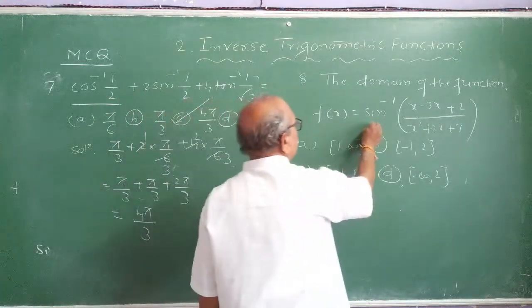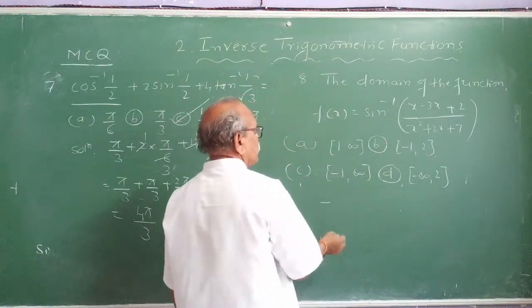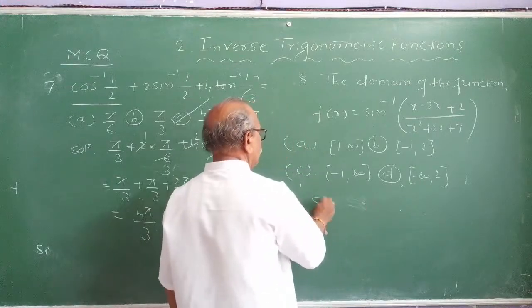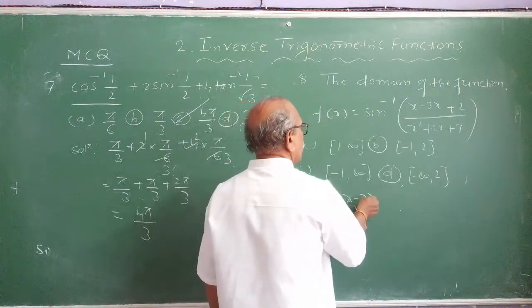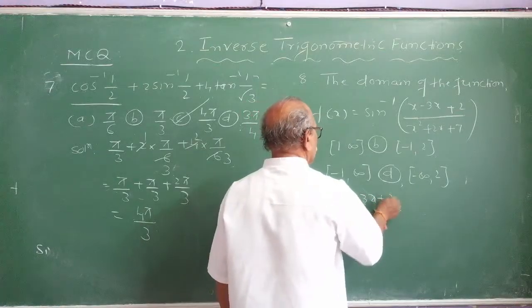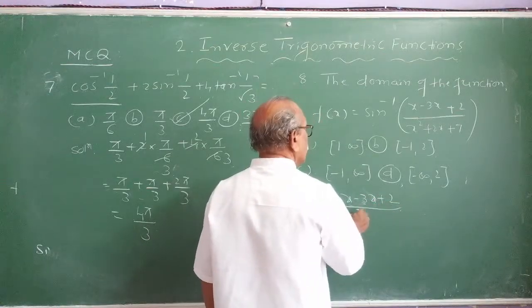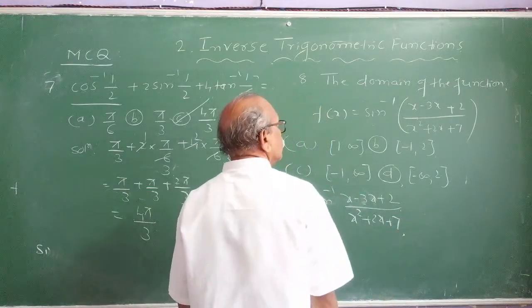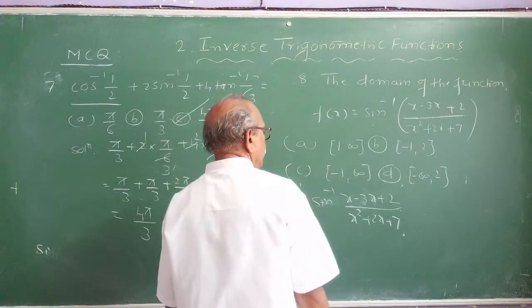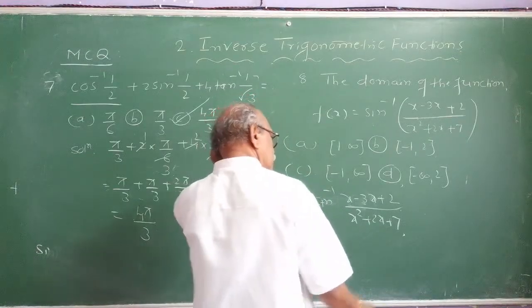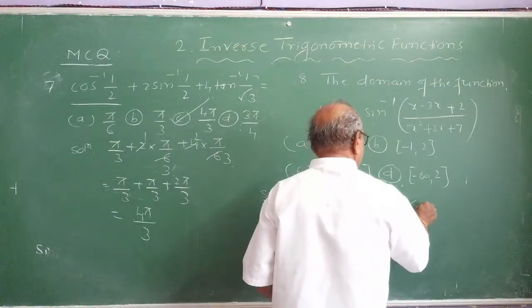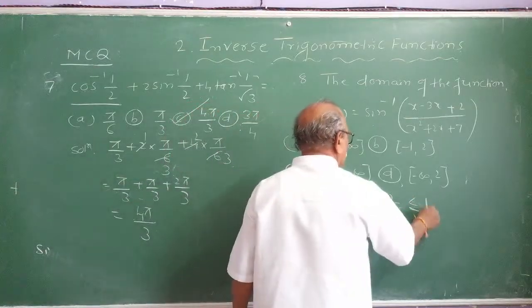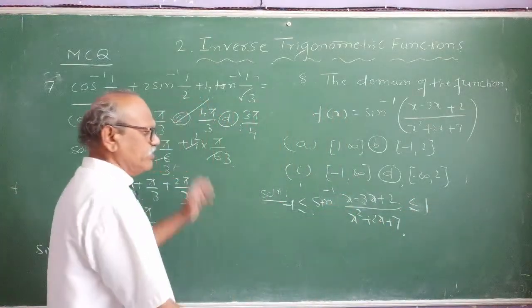So domain will lie between what? Sine inverse of x square minus 3x plus 2 upon x square plus 2x plus 7 should lie between -1 and +1, that is, -1 is less than or equal to this, and it is less than or equal to 1.